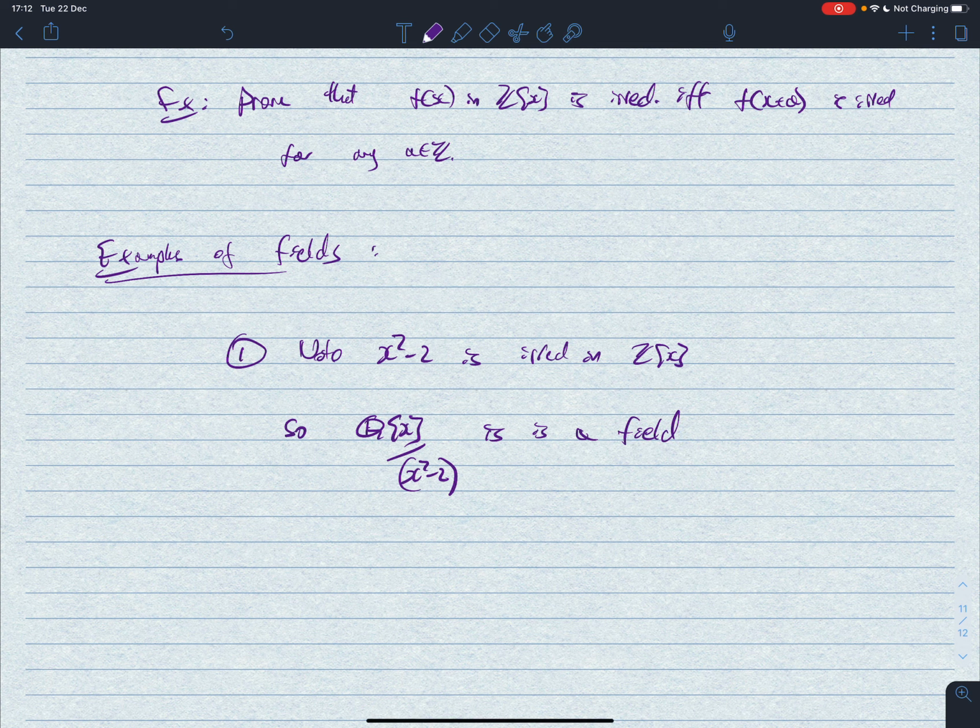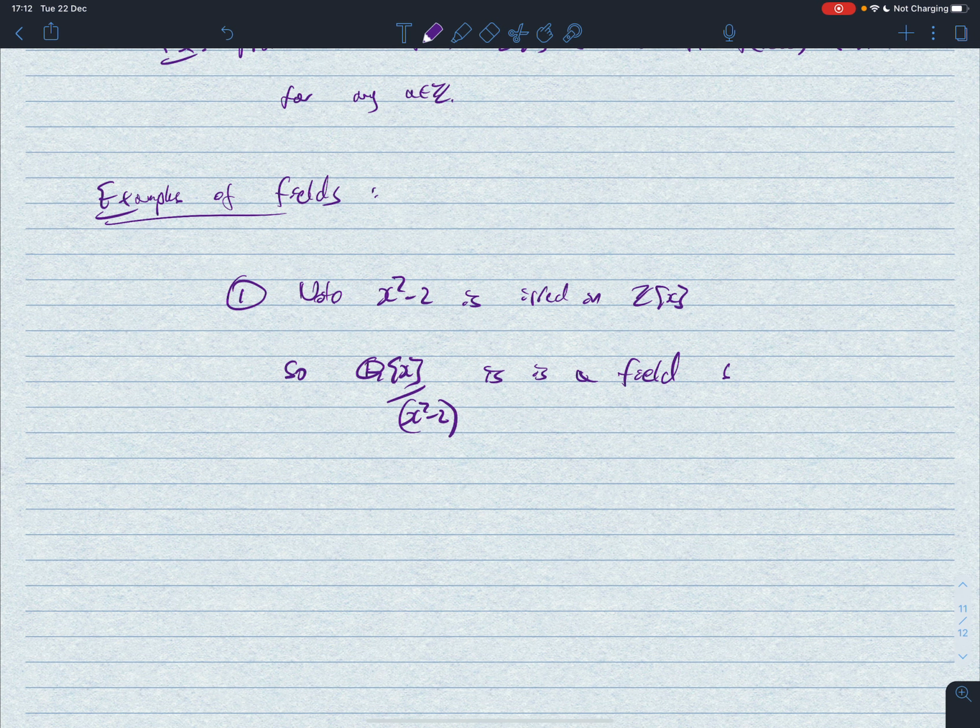And you may have seen this field before. Let's be precise: this is a field isomorphic to Q(√2), maybe you've seen this in Galois theory.